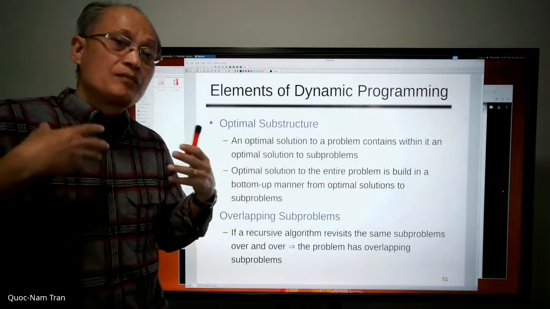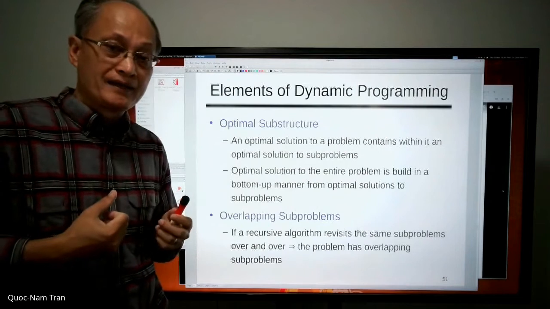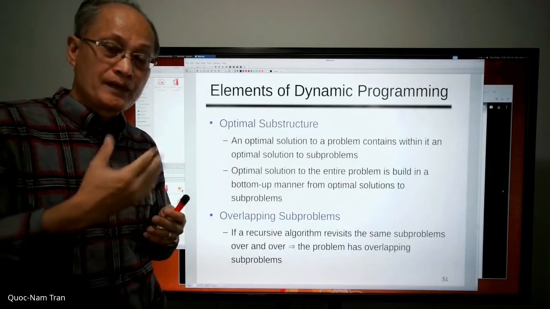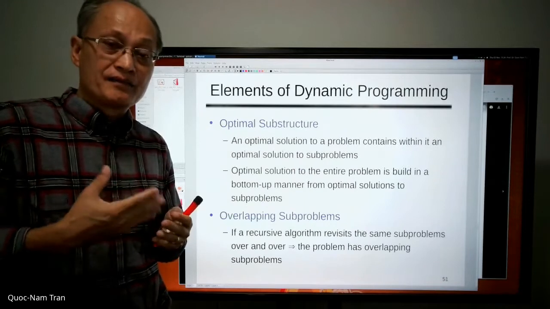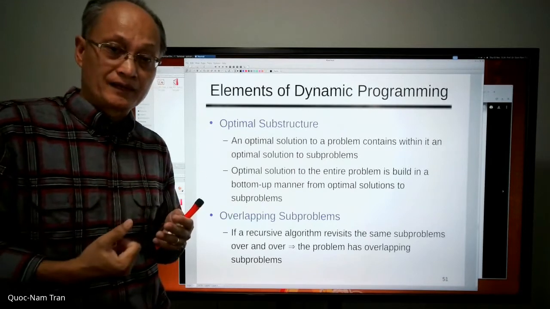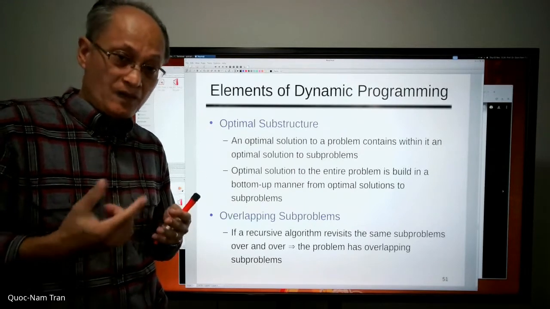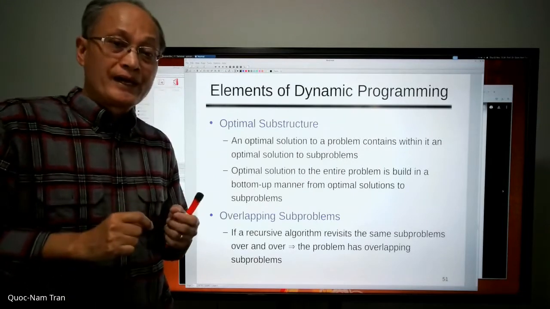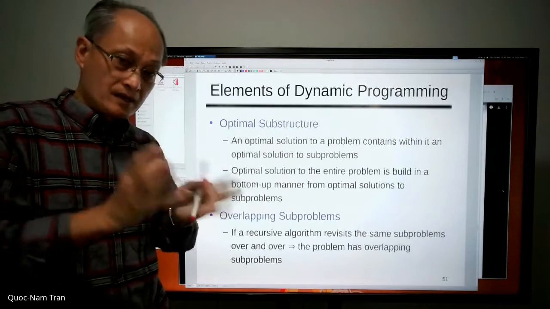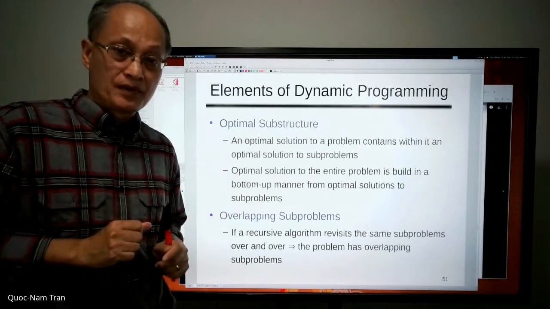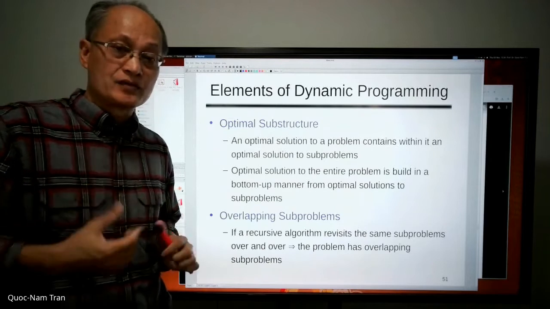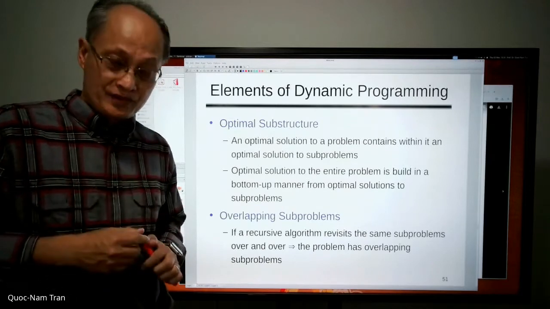But we don't apply the algorithm recursively, because if we do that, it's the divide and conquer recursive algorithm. And we know it will have to recalculate some smaller problems again and again. And that's why it's time consuming and memory consuming.